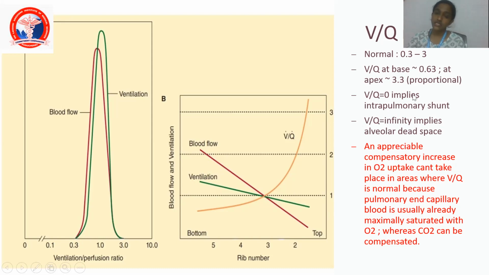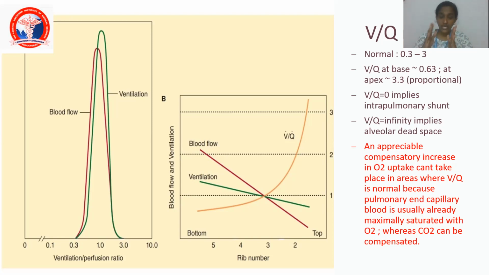Whenever we are telling that V by Q is infinity, that is 1 by 0, we are telling that there is no perfusion, only ventilation is there.